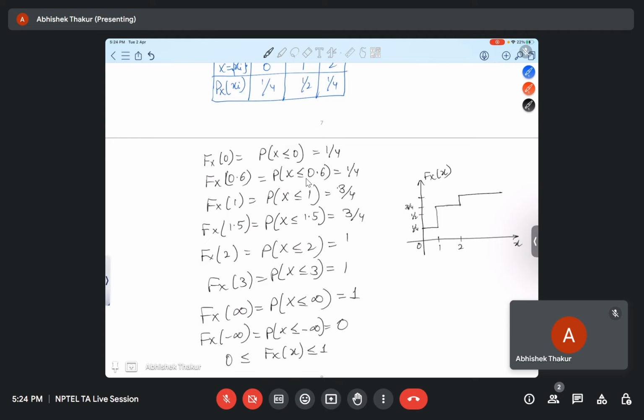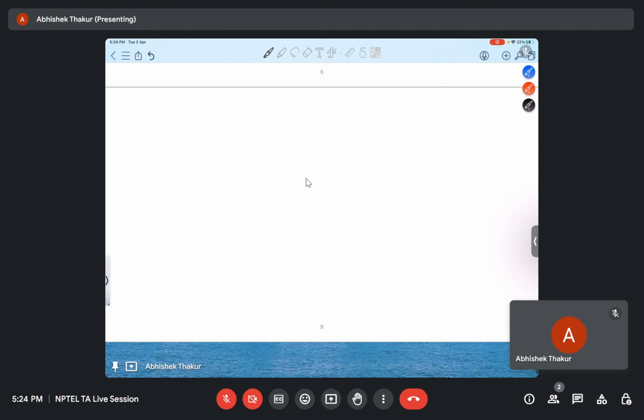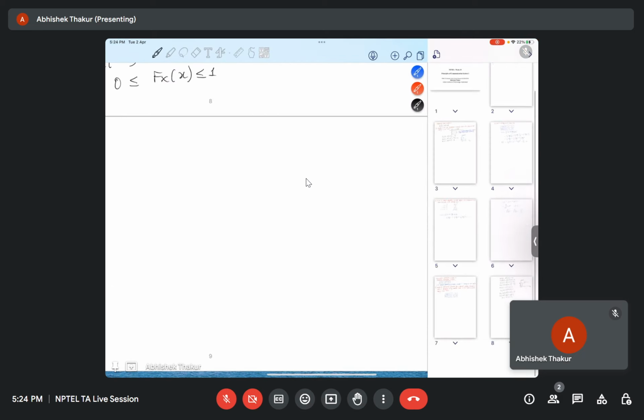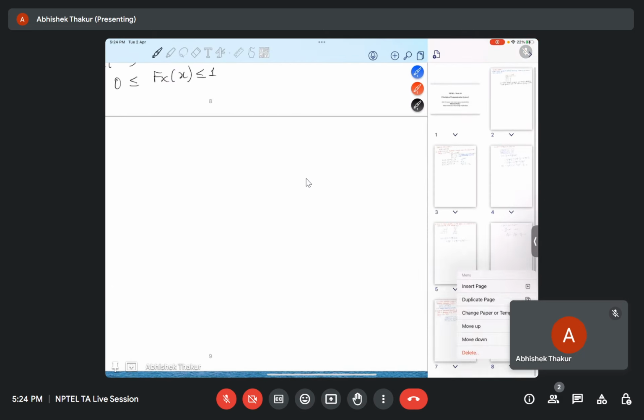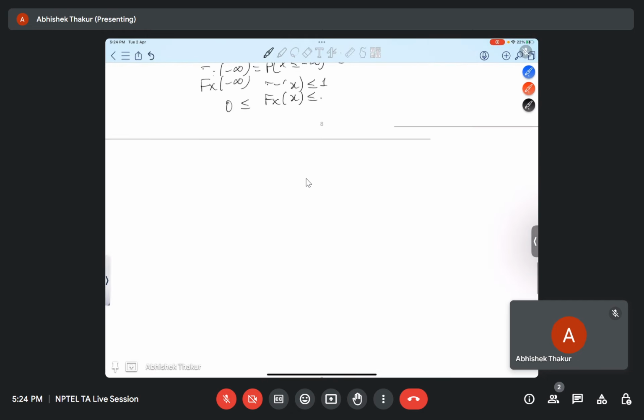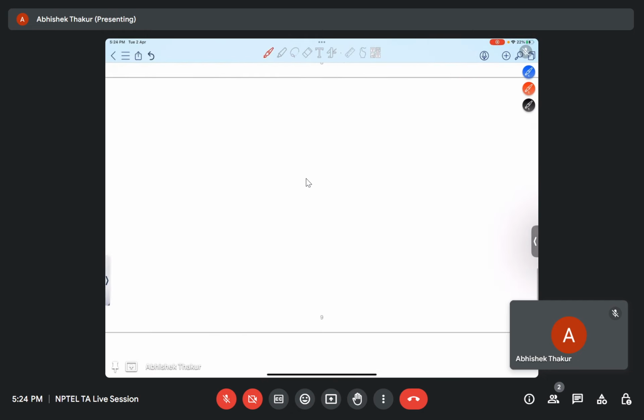So now we will see what the probability density function is. The next topic is the probability density function.